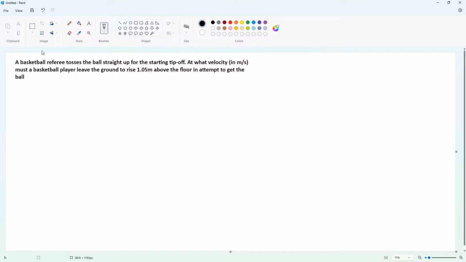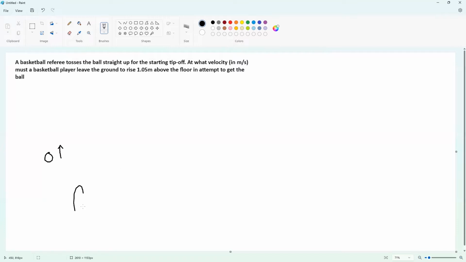Okay, so let's say, what I like to do is draw the problem out first. A basketball referee tosses the ball straight up for the starting tip-off. This ball is being tossed up. At what velocity in meters per second must a basketball player leave the ground to rise 1.05 meters above the floor?